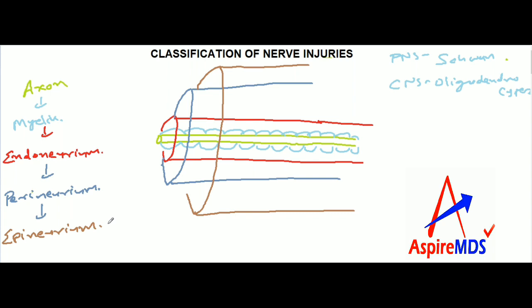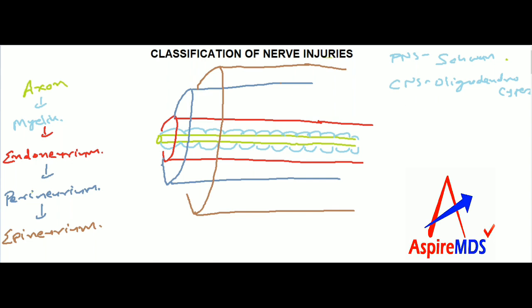This is the basic structure: starting from the axon, then the myelin sheath, then it is covered by the endoneurium. Multiple axons join together to form one fascicle, covered by the perineurium, and multiple fascicles join together to form the nerve, whose outermost layer is the epineurium.